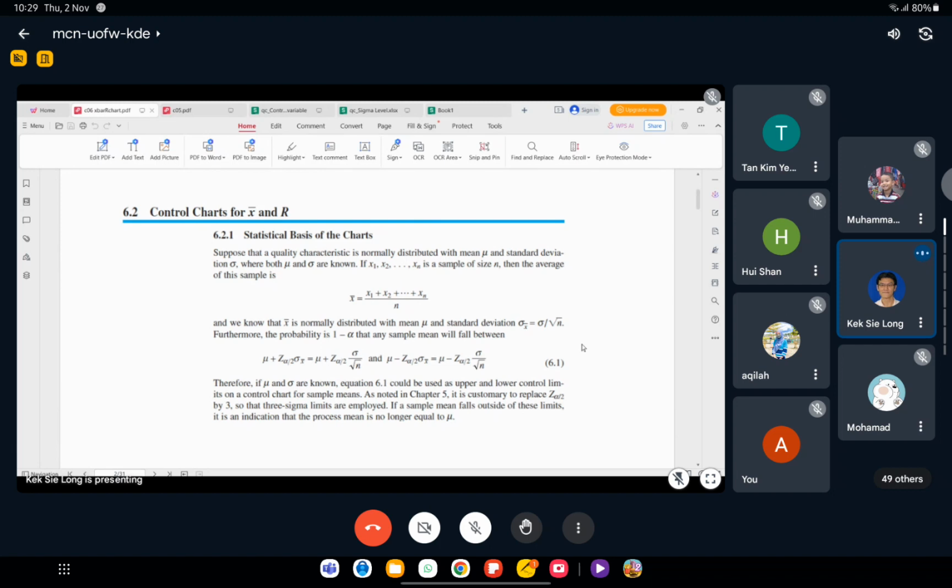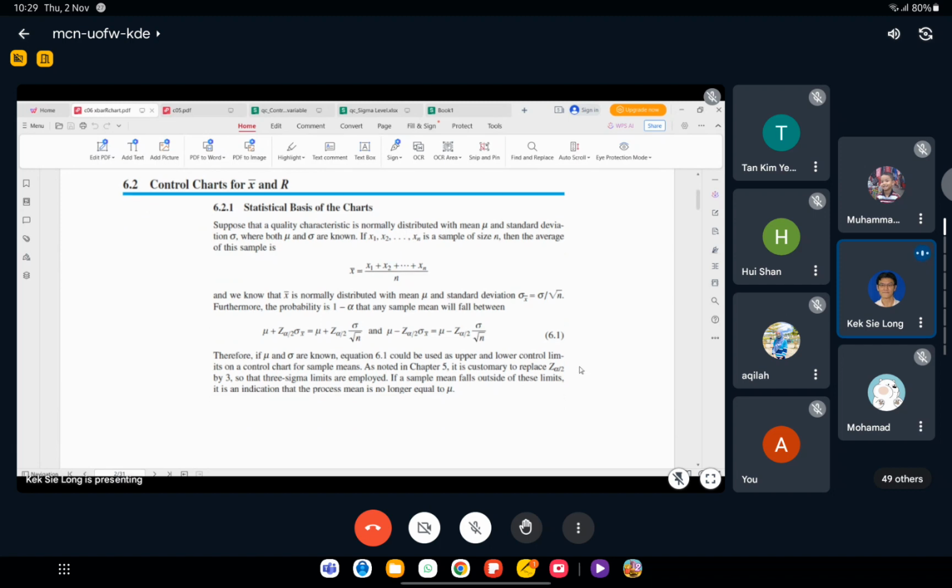And then we have equation 6.1. I think I have mentioned this equation to you in the last few classes. We can join them together using plus minus: mu plus minus z alpha over 2 times sigma x bar.